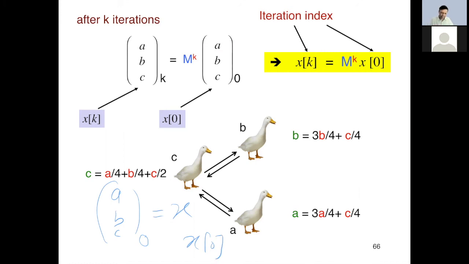I'm mixing up the notation a little bit; I was just being lazy and didn't want to make new slides again. And this vector after k iterations, let's call it X bracket k. So I'm going to write the iteration even more compactly now: X[k], the vector of all the states after k iterations, is just M to the power of k multiplied by the vector X at time 0.